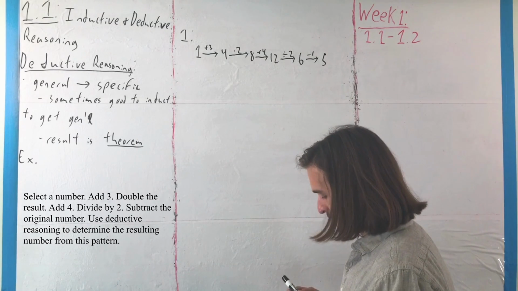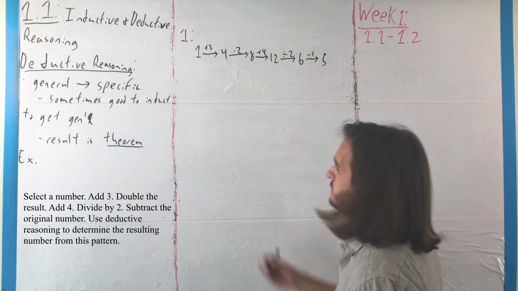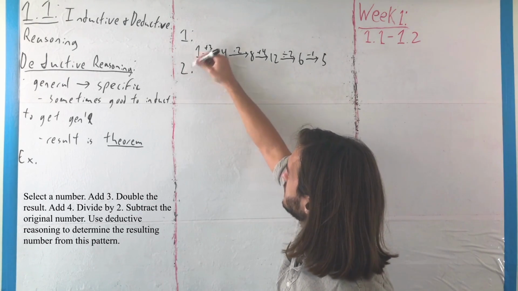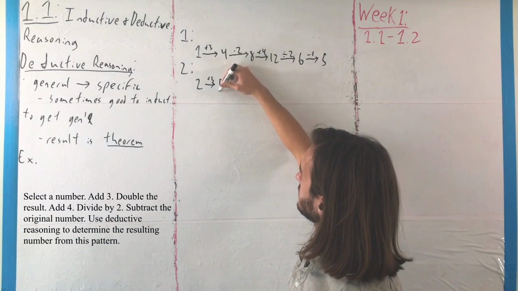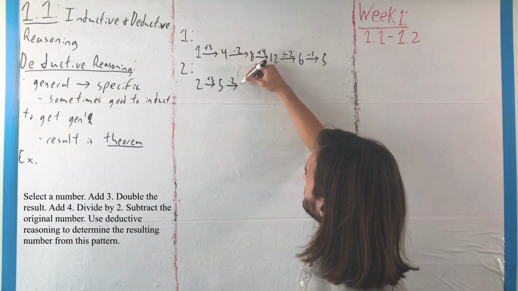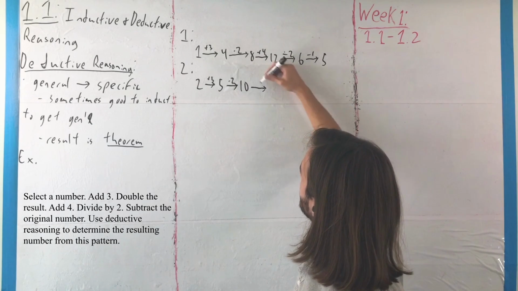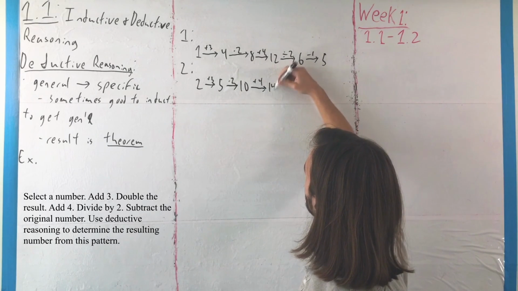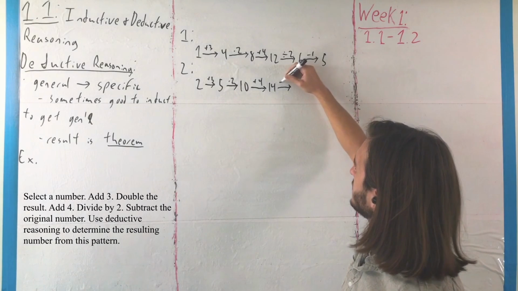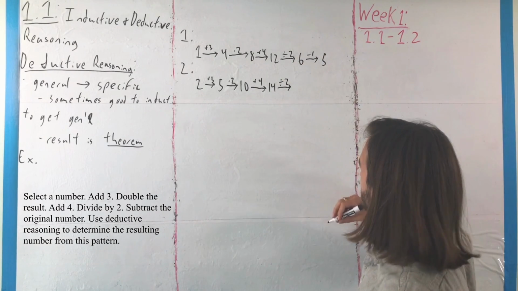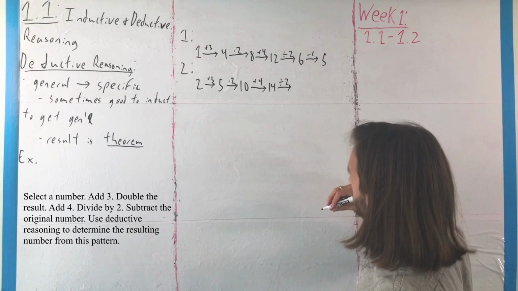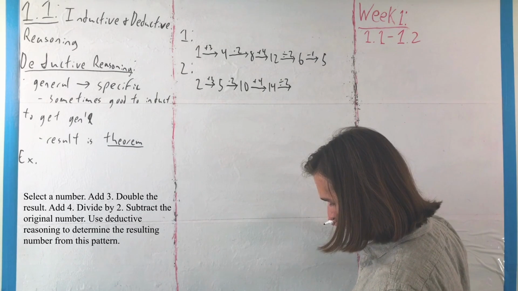All right, let's try another number. Let's try 2. Okay, so if we start at 2, we add 3 to 2, that would give us 5. We multiply 5 times 2, we would get 10. We add 4 to that, we get 14. We divide that by 2, we get 7, which leads me to believe that I might have made a small mistake here.